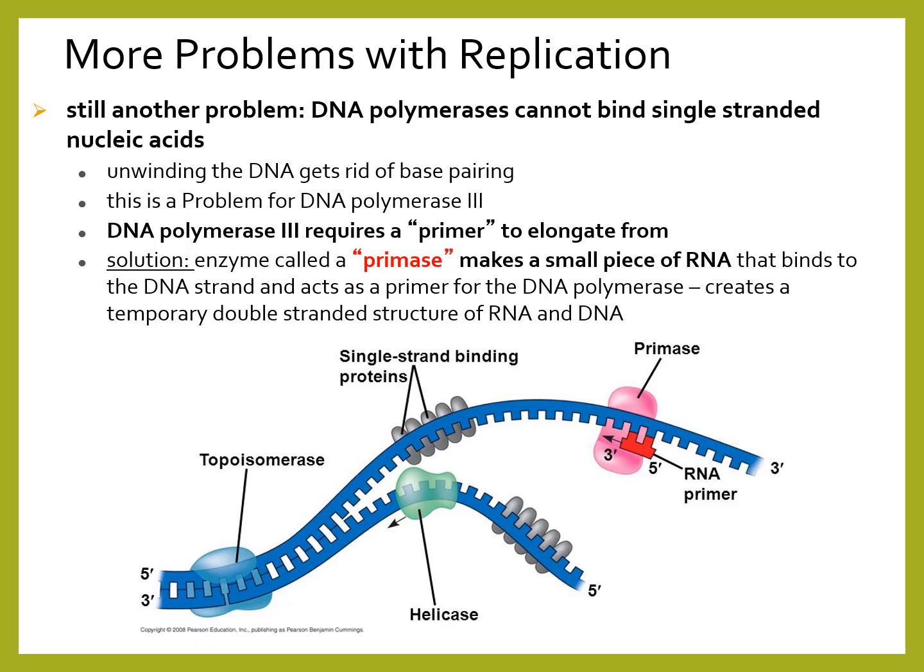Now, I don't know why it's an RNA primase that makes a small piece of RNA. I just know that that primer is made up of RNA. And now that we have this piece of double-stranded DNA-RNA, the DNA polymerase III, which is part of the replication machine, can come bind to the 3' end and head its way down towards the 5' end of the template strand.